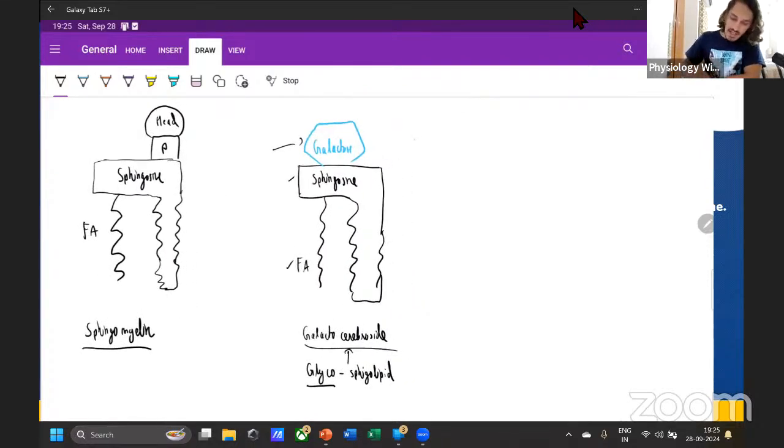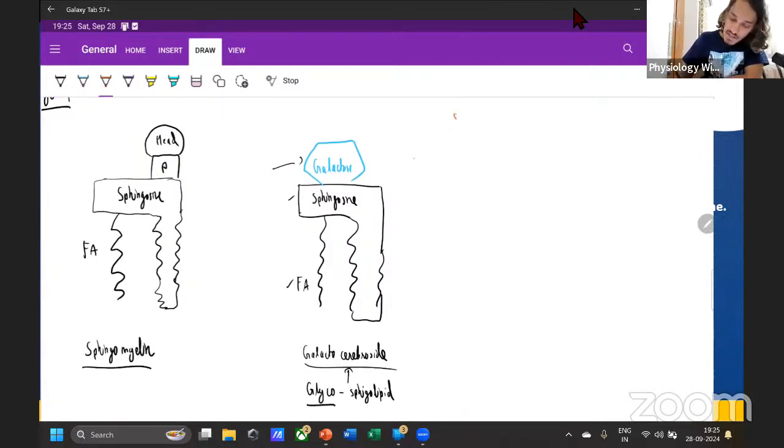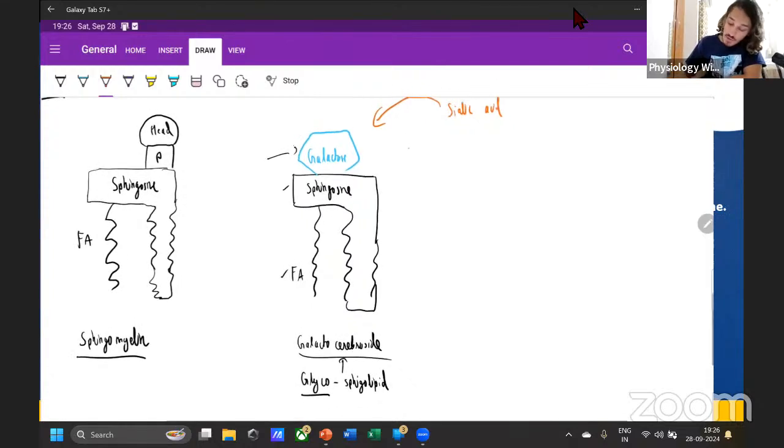Now you take any glycosphingolipid. To a glycosphingolipid, you attach a sialic acid, and that will give you something else called a ganglioside.